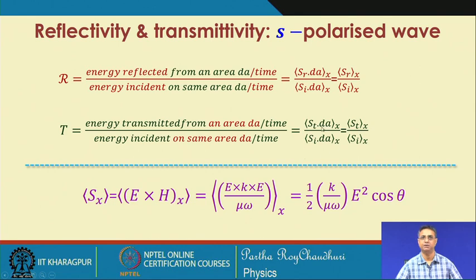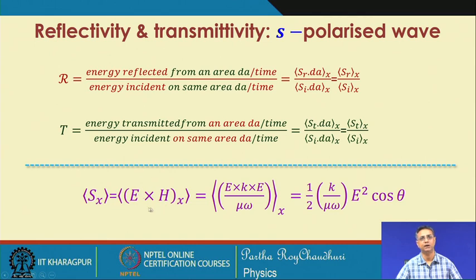So, that again gives you this Poynting vector ratio relationship for the x component for the transmitted wave, and we know that this S x, writing exclusively in terms of the electric and magnetic field vectors, which are already known to us by now for the s and p polarized cases individually, all the components.